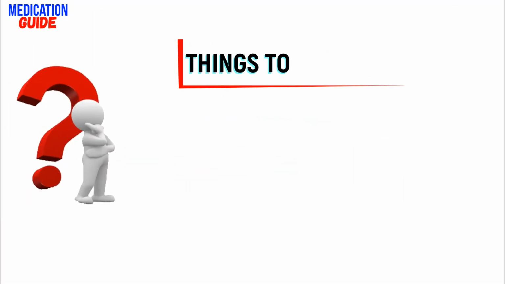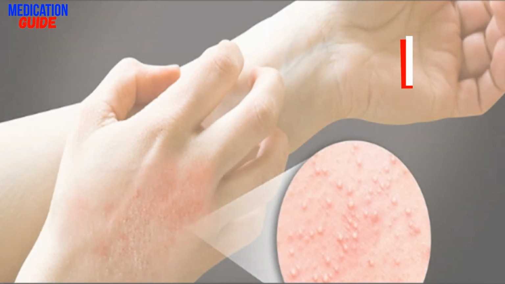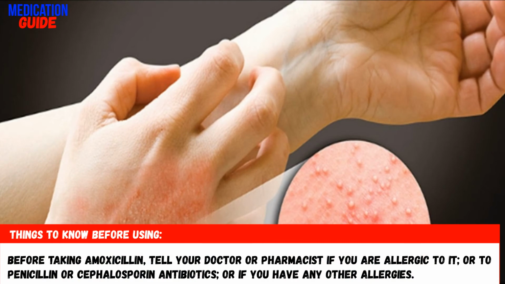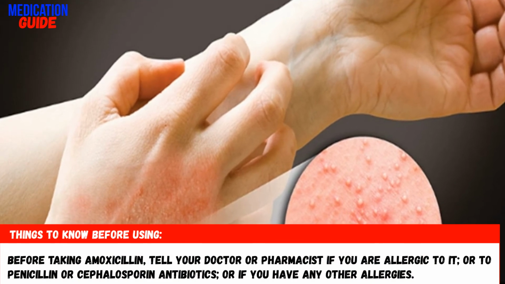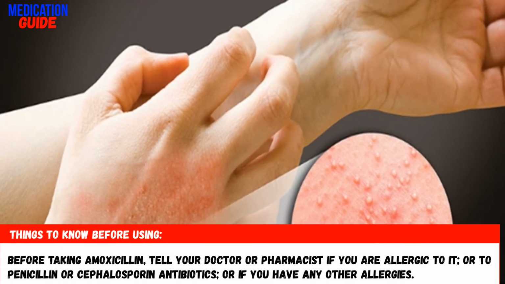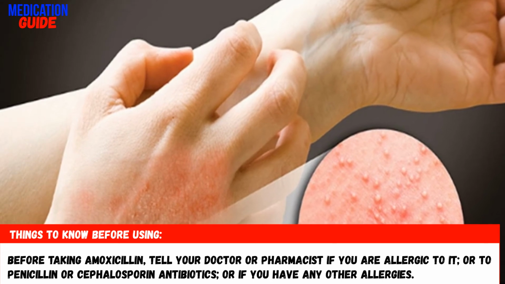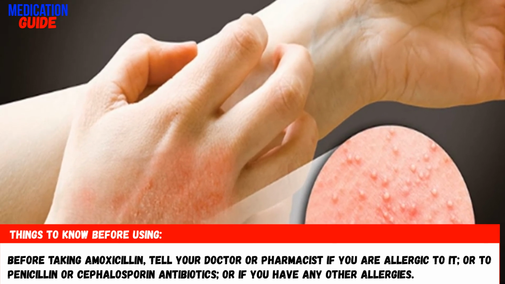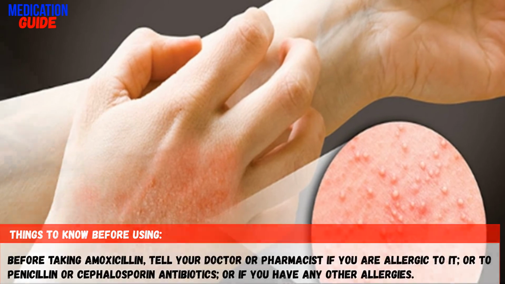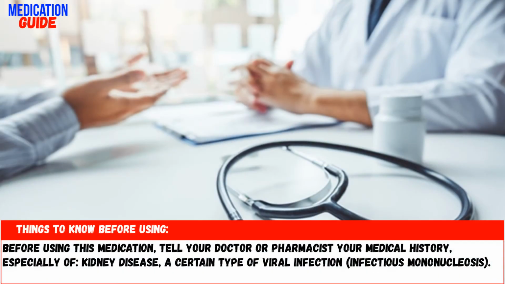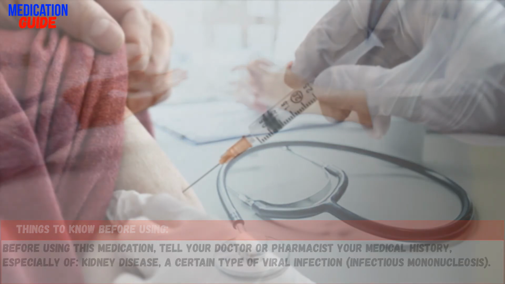Things to know before using amoxicillin are as follows. Before taking amoxicillin, tell your doctor or pharmacist if you are allergic to it, or to penicillin or cephalosporin antibiotics, or if you have any other allergies. Before using this medication, tell your doctor or pharmacist your medical history, especially of kidney disease, a certain type of viral infection.